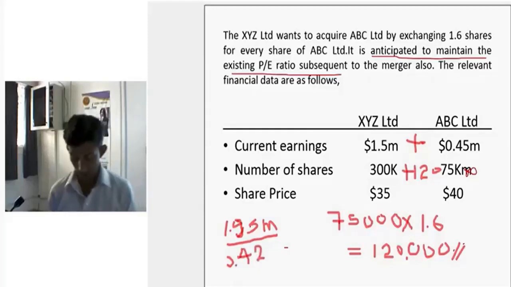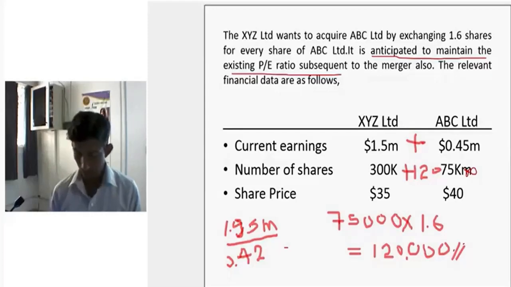So if you divide by 420,000, how much is that? The new earnings per share is going to be 4.64.